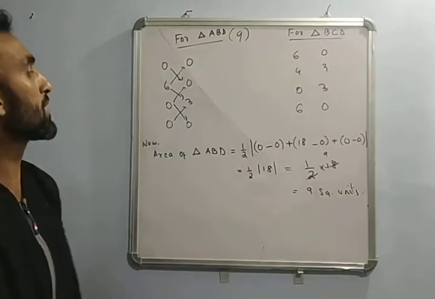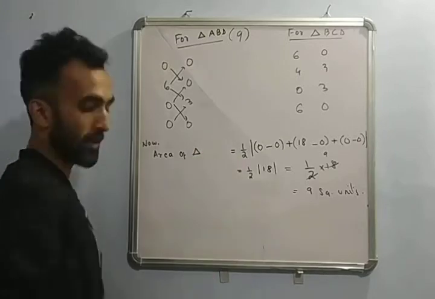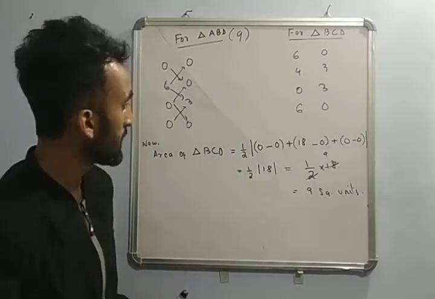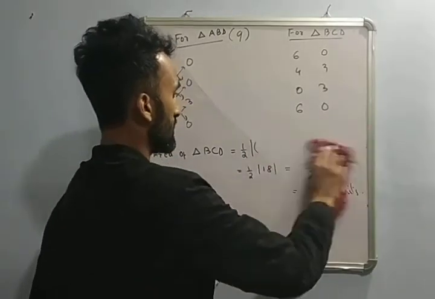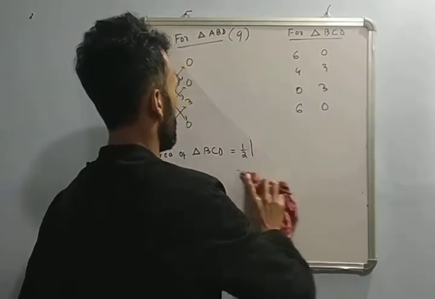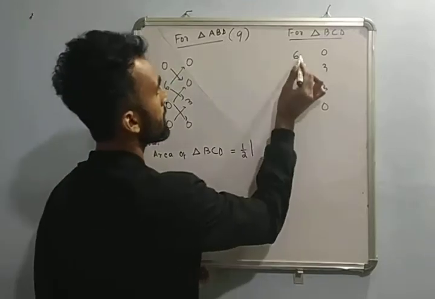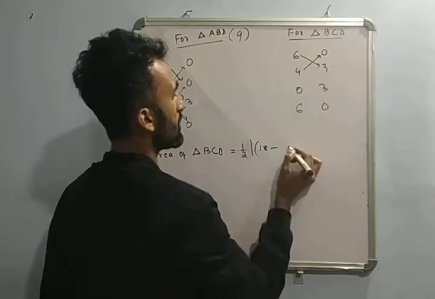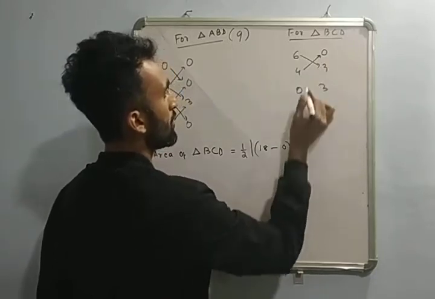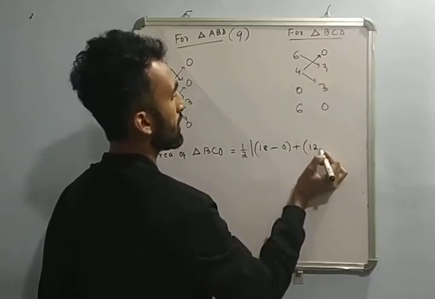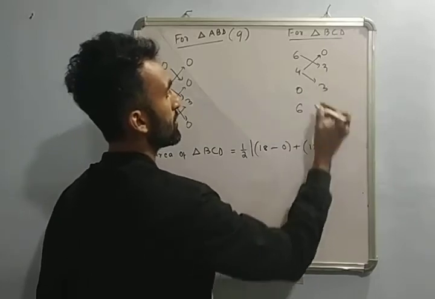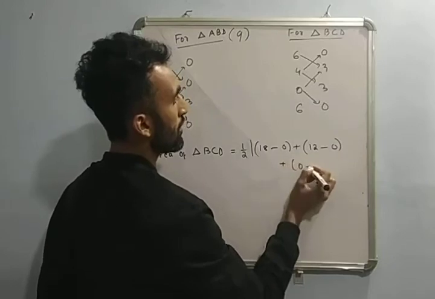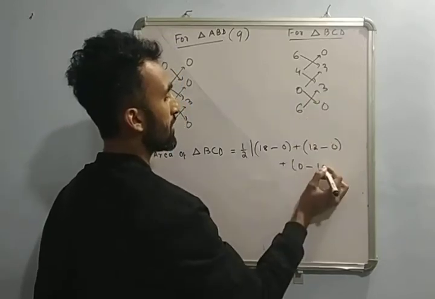Now I'll go for the area of triangle BCD. This half part is same. Half, open a bracket, 6 3s are 18 minus 4 0s are 0 plus 4 3s are 12 minus 0 3s are 0. 0 zeros are 0 minus 6 3s are 18.